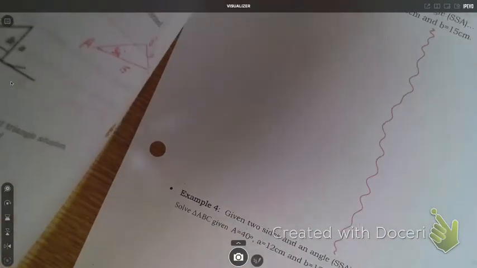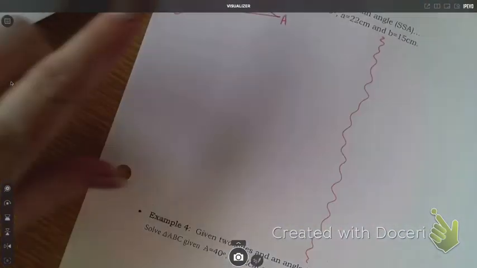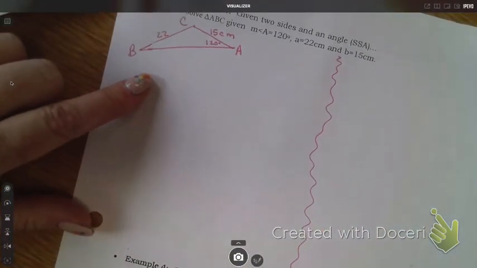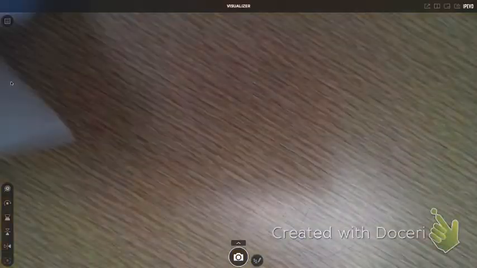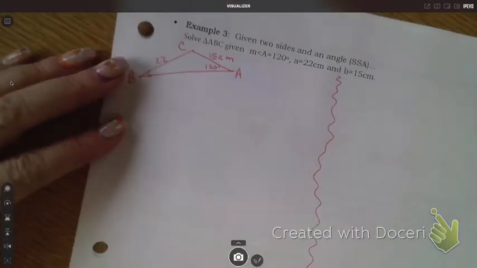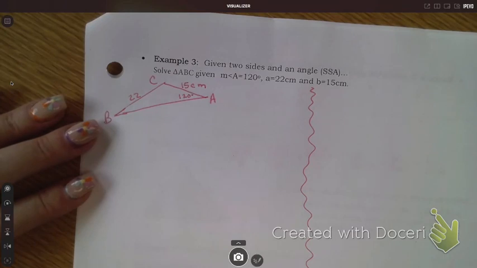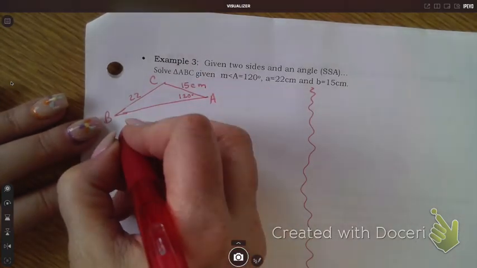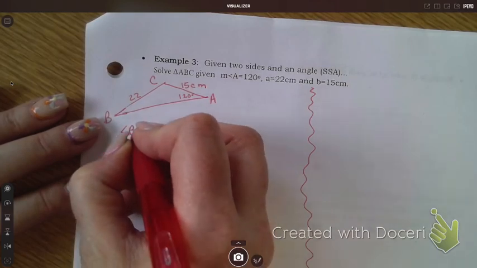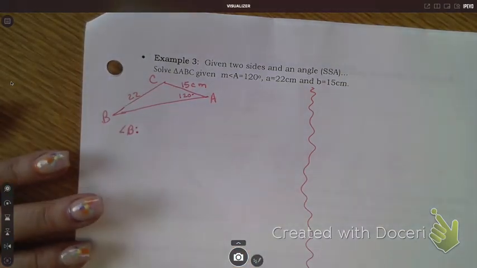No, you can do this problem. What's the first thing you have to find? Angle B. It is the only thing you can find, correct? So let's do it real quick because you're all telling me it's impossible. That kind of frustrates me.